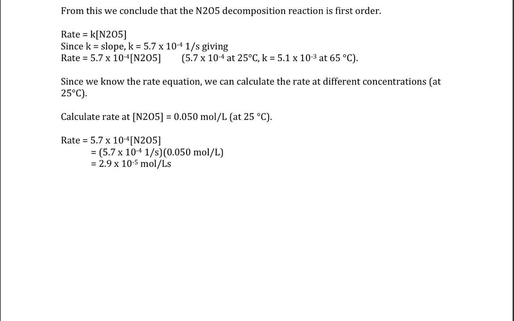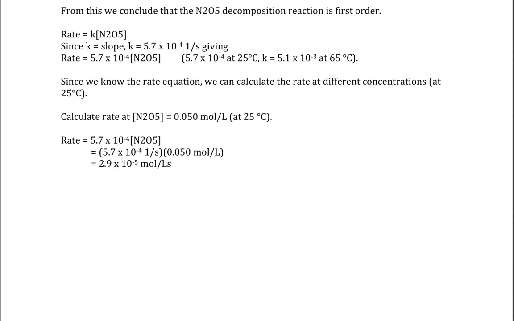And since we know the rate equation, we can calculate the rate at different concentrations, of course, at our same temperature. Rate is very temperature dependent. As we go to higher temperature, the rate constant value actually goes up and we have higher rates.